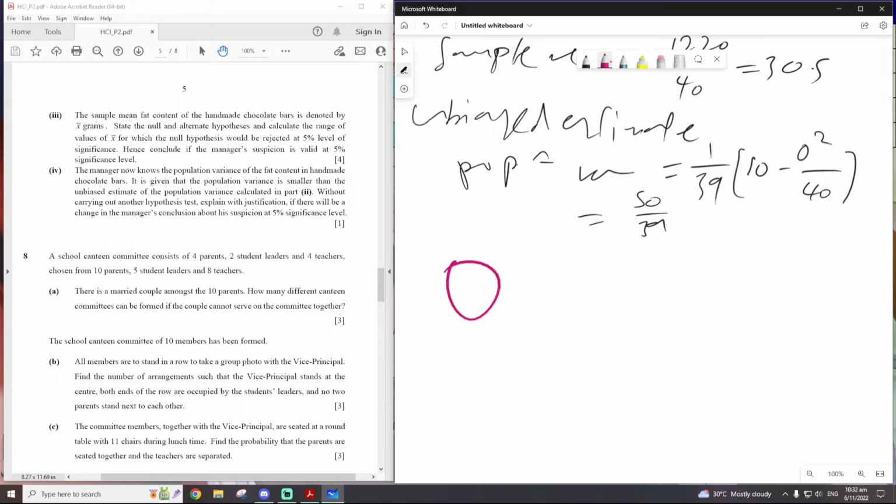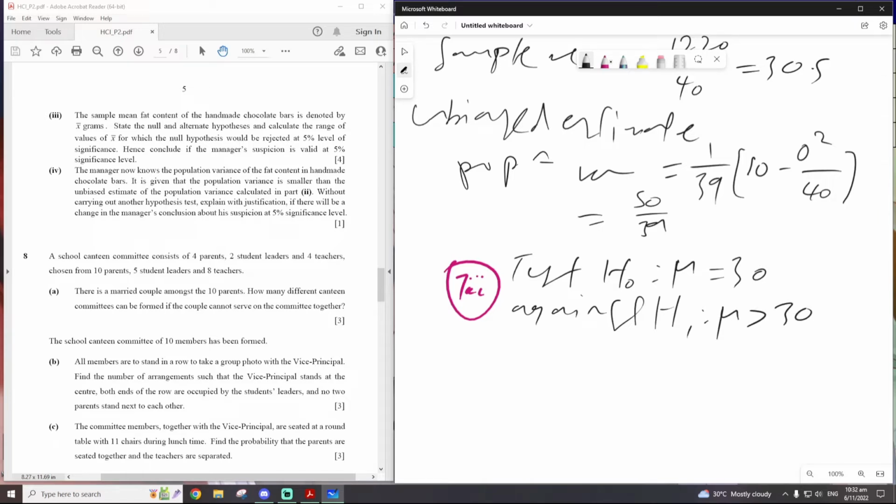So therefore, the hypotheses will be, test H0: mu equals 30 against H1: mu is greater than 30, where mu is the population mean, right?